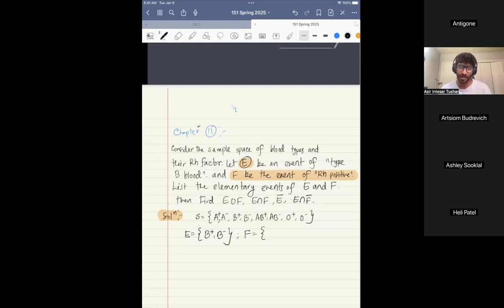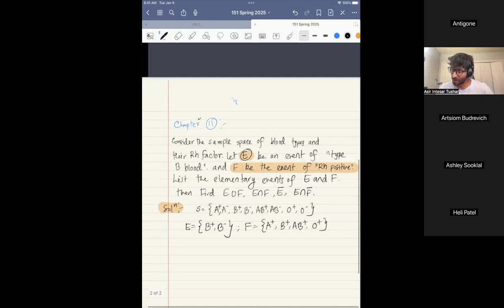So F is all Rh positive. It means any A positive, B positive, AB positive, O positive. Yes, exactly. Okay, so that's F. Now, if I want to find E union F, the first one, let's ask Ashley.